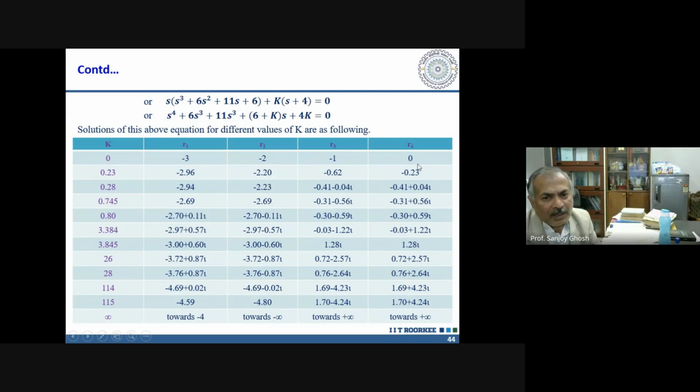Similar for R4 also. That means the system can be unstable. It looks like a stable system, but if you change the controller value, the K value, beyond 3.384 or something like that, then automatically things will be unstable.